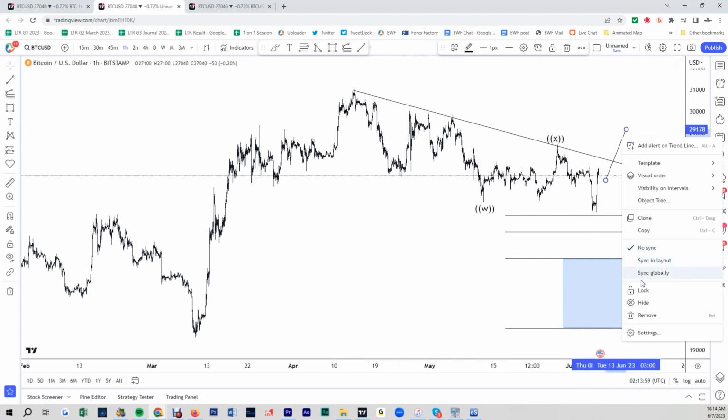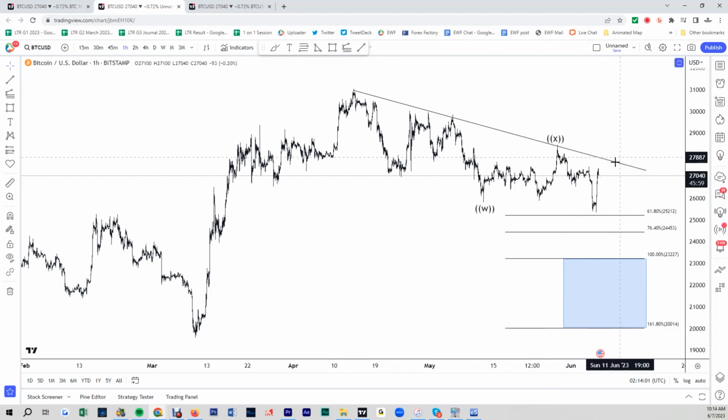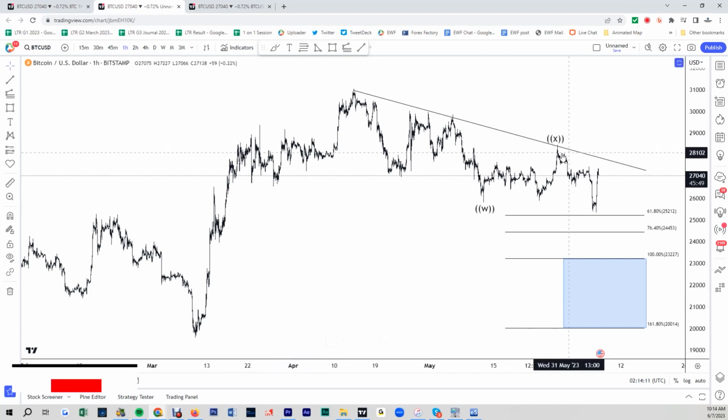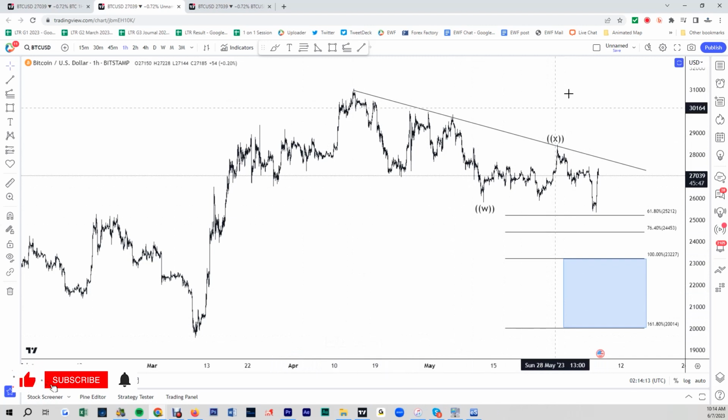So that means we are actually favoring the upside when we are dealing with the larger time frame. This rally looks quite impulsive, right? Quite impulsive.